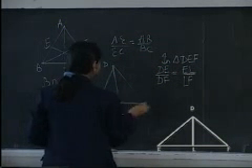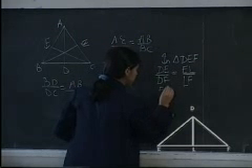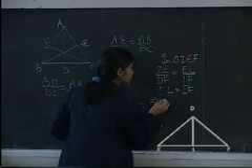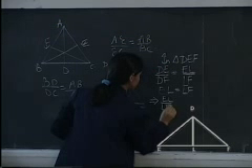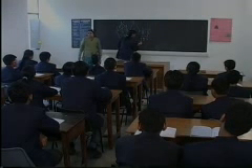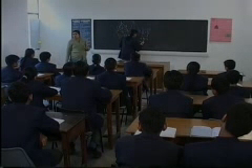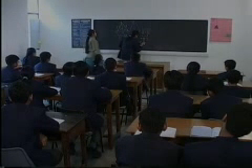We are also given that EL is equal to LF, this implies that EL by LF is equal to 1. EL is equal to LF, that means the ratio is? If both are 4, the ratio is 4 upon 4. If both are 5, the ratio is 5 upon 5. So the ratio is always 1.